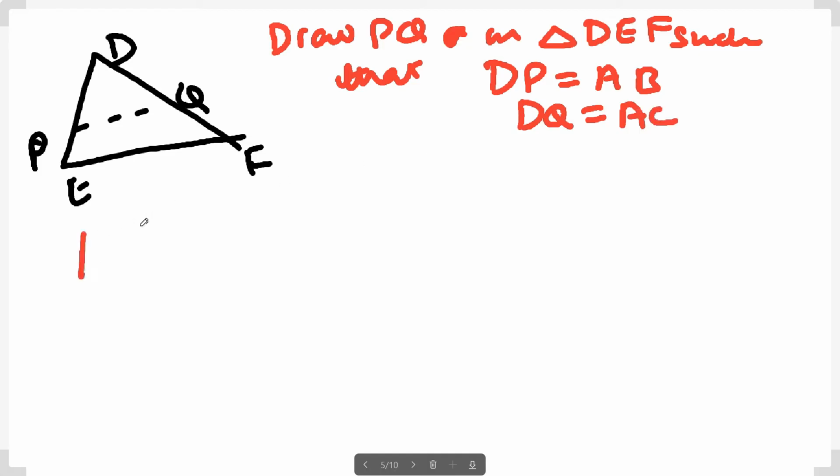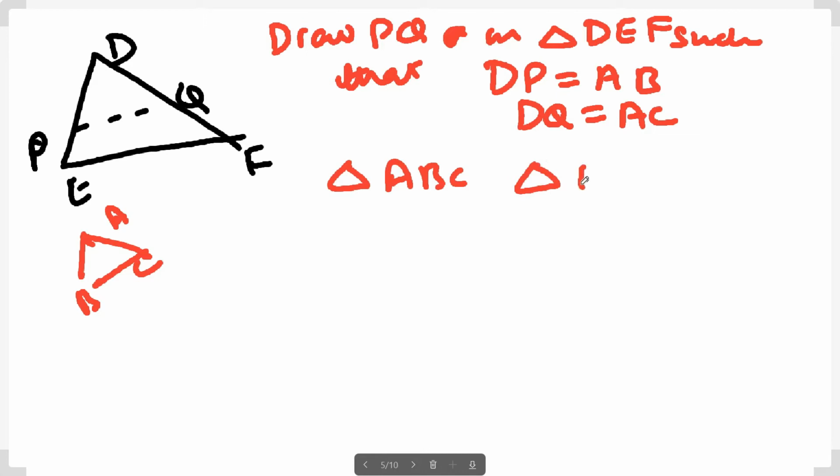The other triangle is this. I'm just drawing it for illustrative purposes. It doesn't look the same, but it is just a reference point. So this is given. We have cut DP equal to AB and DQ equal to AC and joined PQ. So if we just look at these two triangles, triangle ABC and triangle DPQ.